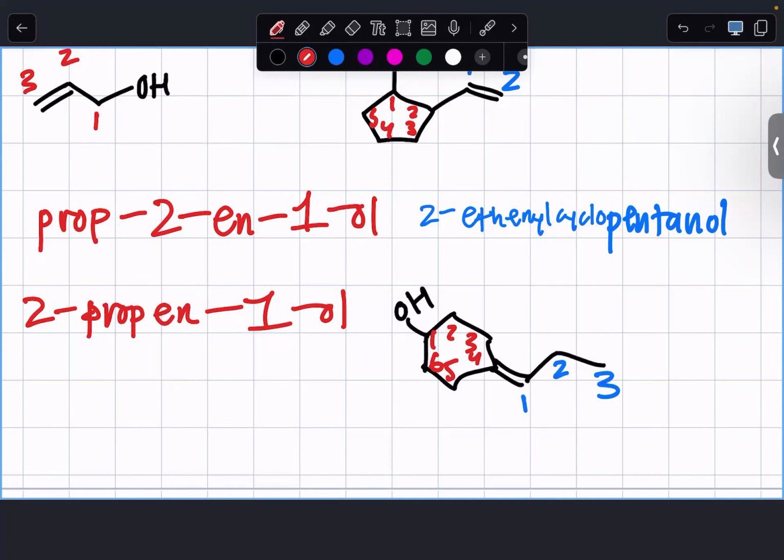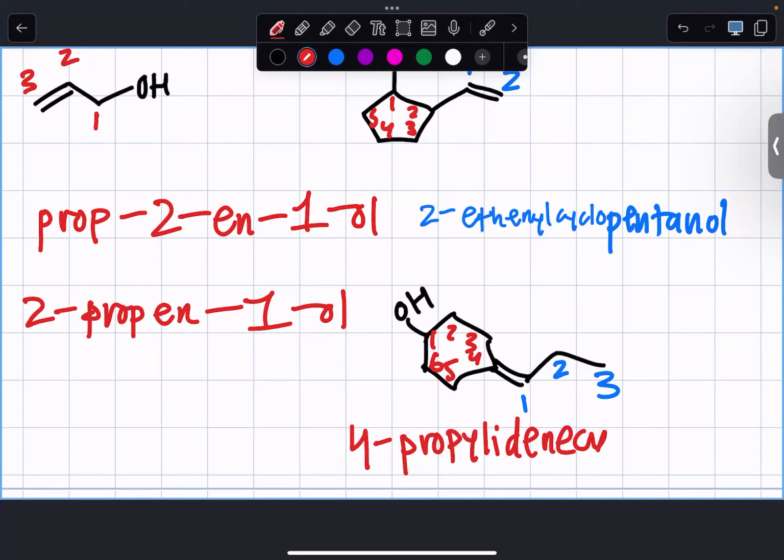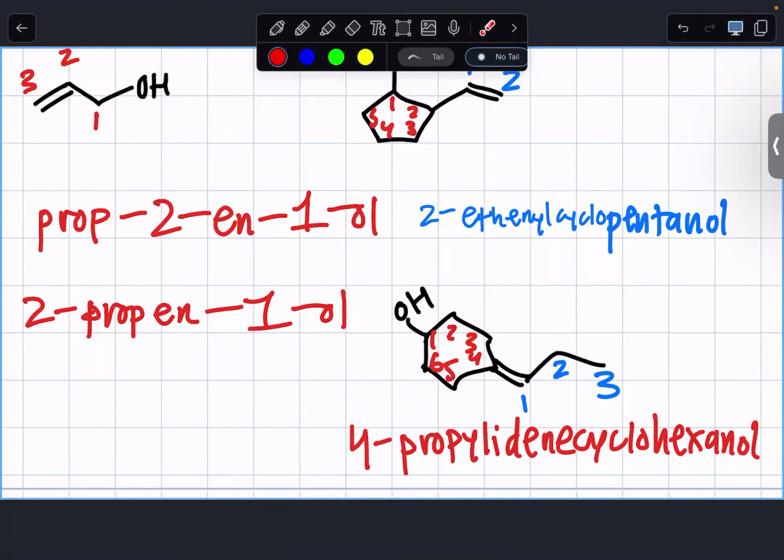It would be 4-propylidene cyclohexanol. Because at carbon 4 of the main chain, we have a substituent that's 3 carbons long, which is why we have prop. And that substituent has an alkene, but half of the alkene is included in the main chain, which is why we use ylidene. And this is cyclohexanol, where we don't have to put the 1 here, it's optional because it's in a ring. If this wasn't a ring, then you would have to put the 1 there.